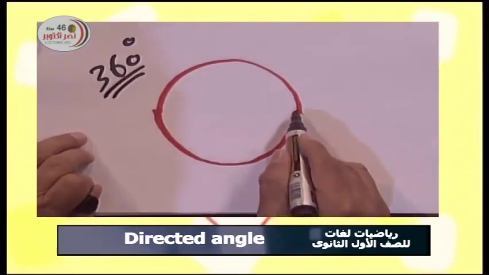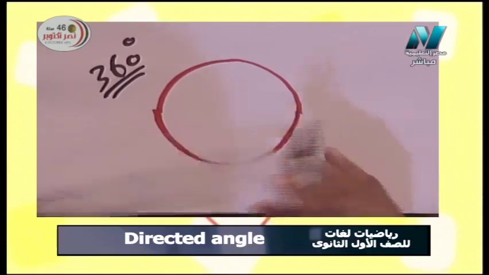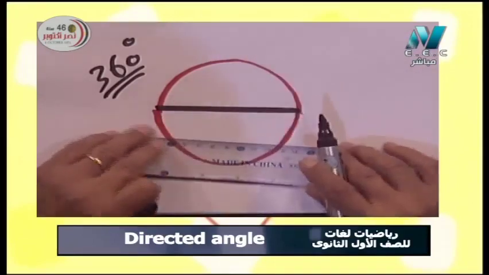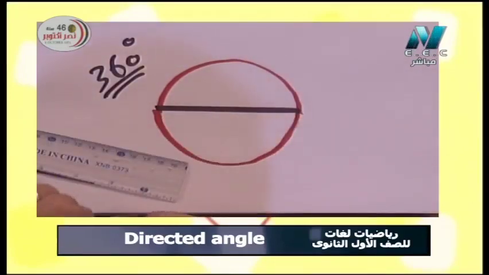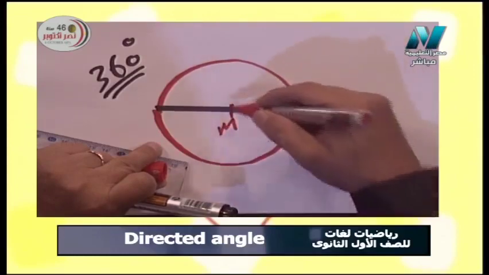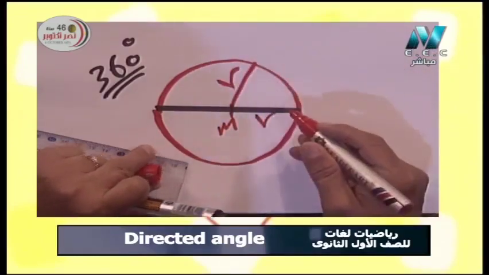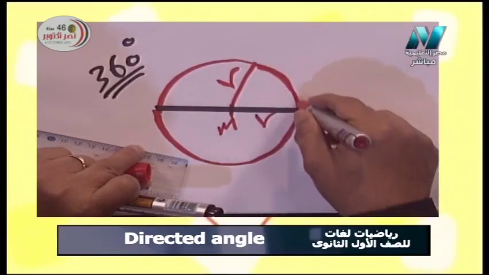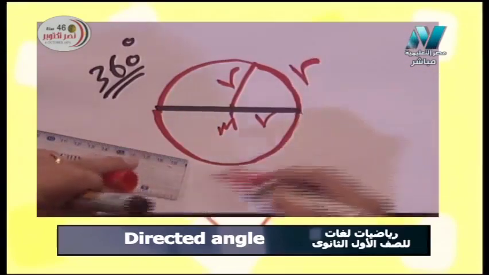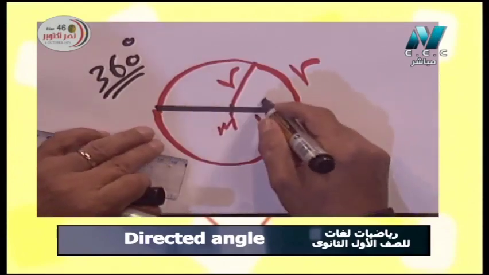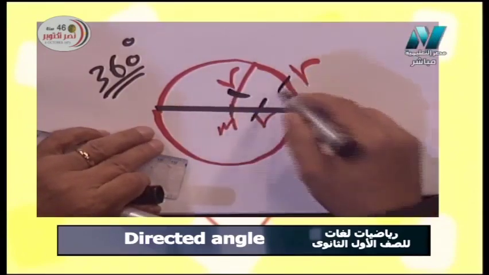But if you want to use another system of measuring, we call it radian measure. We have here the radius, equal to another radius here, and when this arc also equals r, all of them are equal in length: this is r, this is r, and this is r.